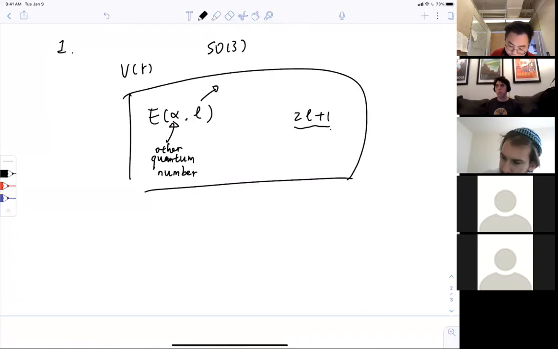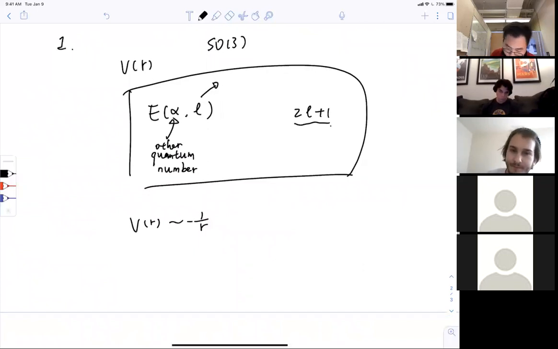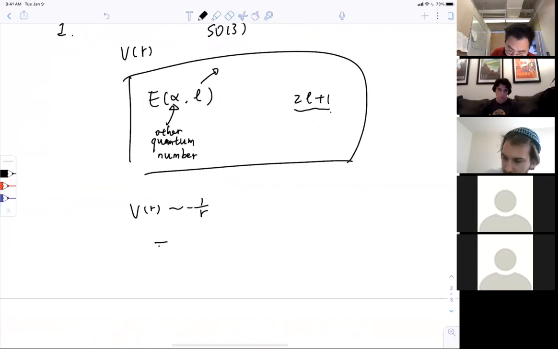However, for the hydrogen atom, when your potential is 1 over R, of course with a minus sign, it turns out your energy only depends on another quantum number, independent of your angular momentum quantum number. So let's change to N, the notation we're familiar with.